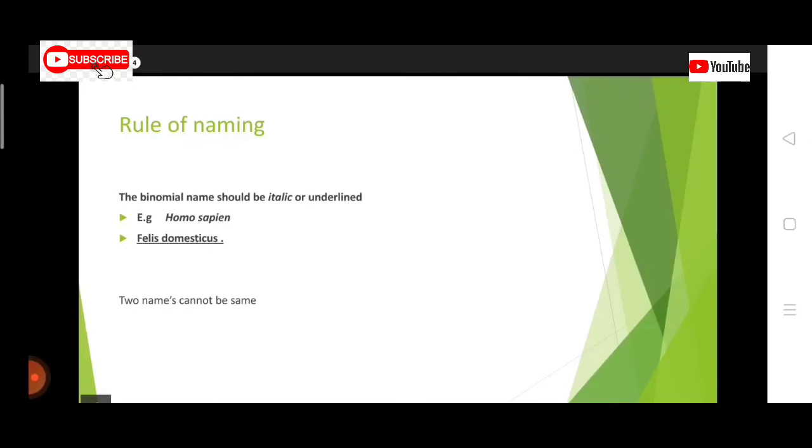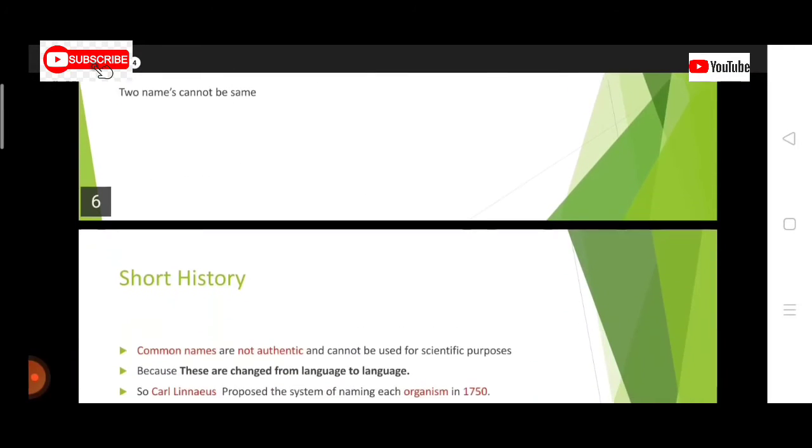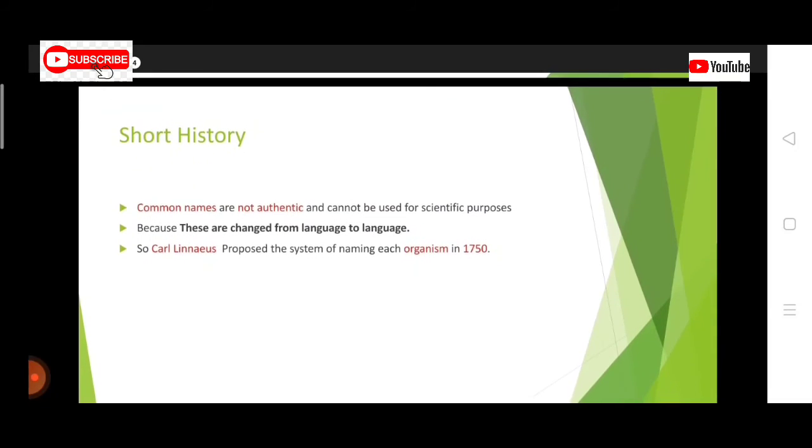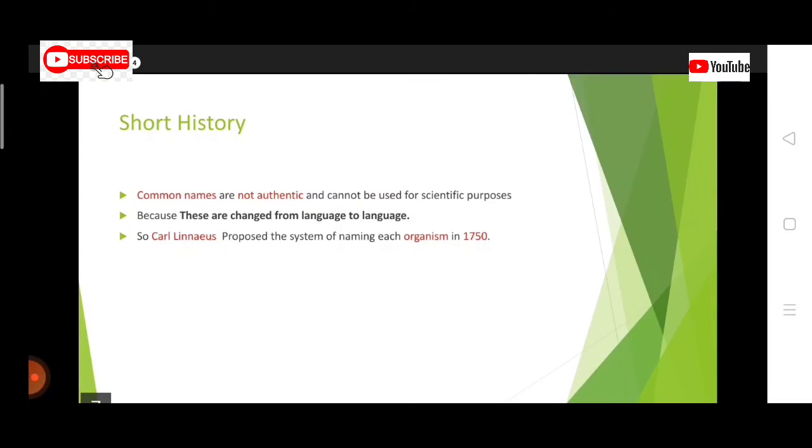It is written in italic style. For Felis domesticus the same rule is used here, but it is underlined. It is not italic. The two names cannot be the same, the two taxa cannot be the same, because it makes confusion.